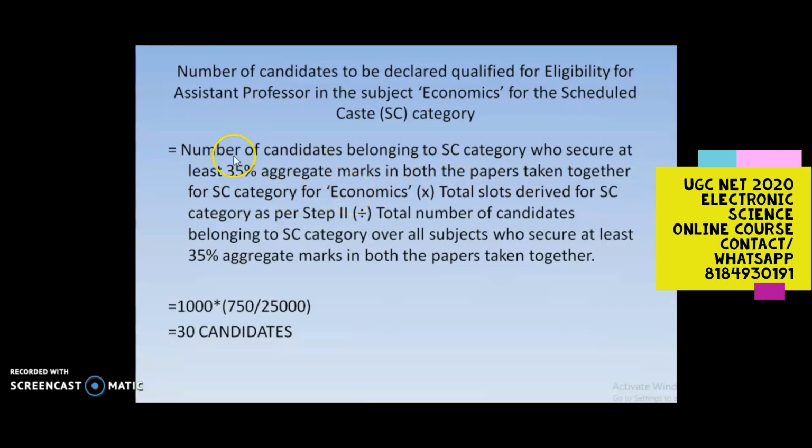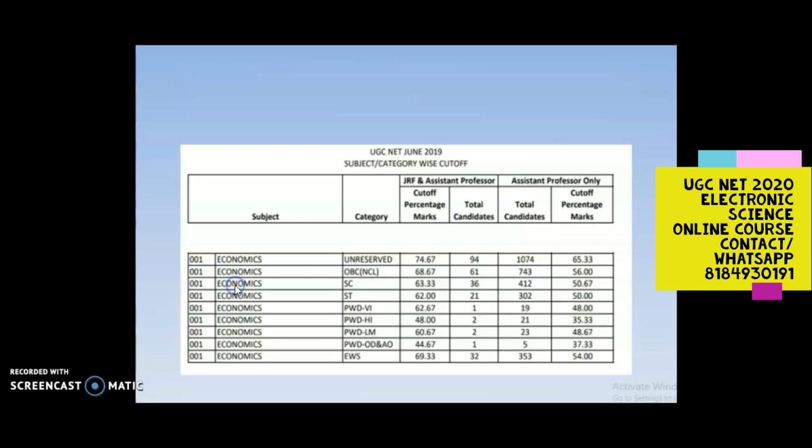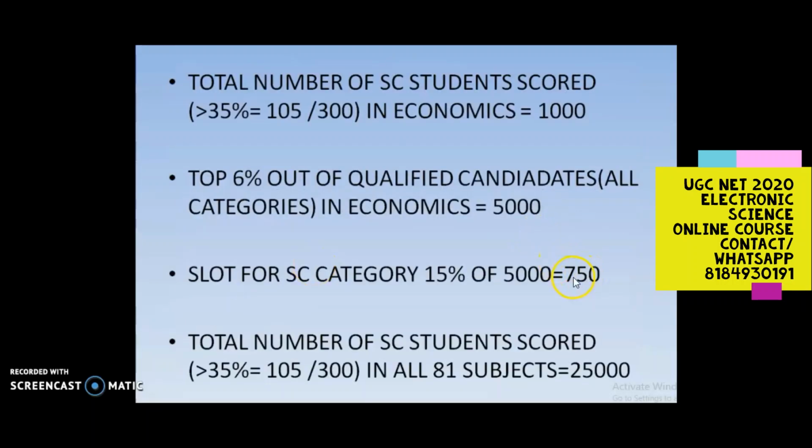Previously for this point we took 1000 candidates, and into total slots derived for the SC category as per step 2. The total number of slots for the SC category, in the previous slide we took it as 750.